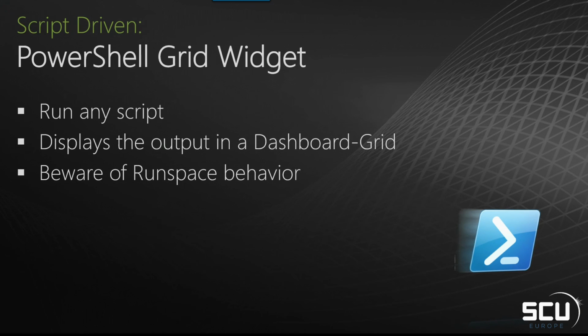The next, much cooler widget in the new collection is the PowerShell Grid widget. You can now execute any PowerShell script and display the data in the Operations Manager console. This is huge.